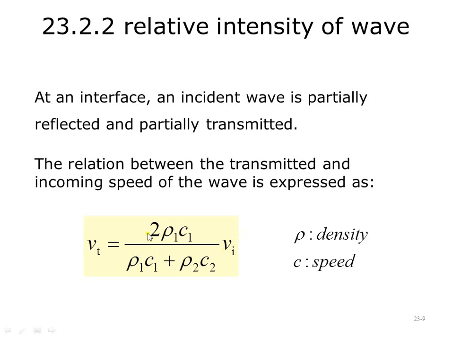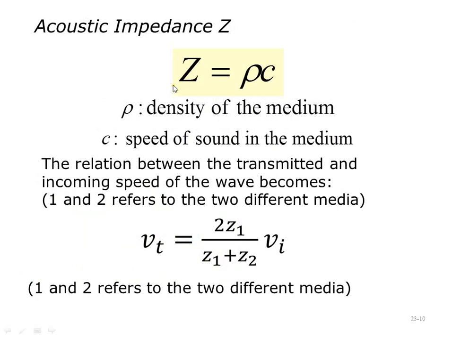And the proportionality constant is 2 rho 1 C1 divided by rho 1 C1 plus rho 2 C2, where rho is the density of the medium, and C is the speed of sound in the medium. This means that the proportionality constant depends on the medium. Therefore, we get a very important parameter here called acoustic impedance, which is defined as the density multiplied by the speed of sound in the medium.